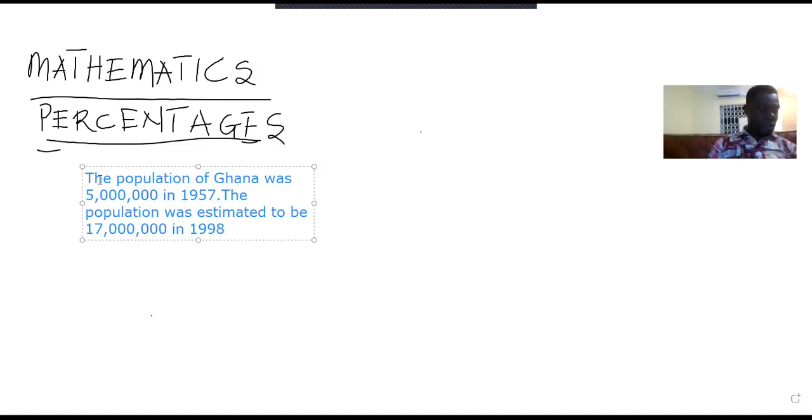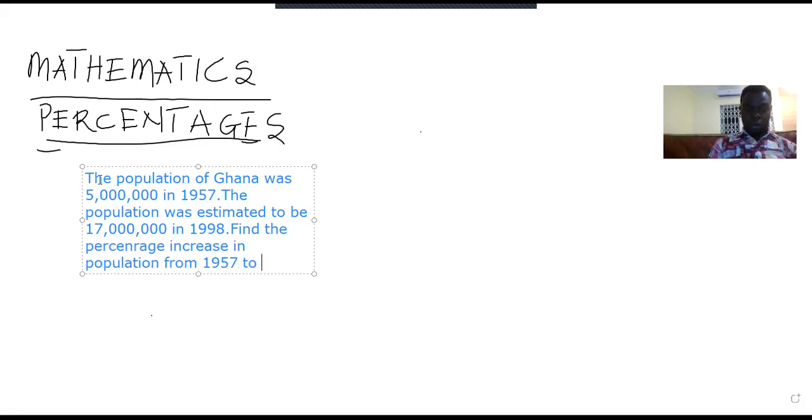Find the percentage increase in population from 1957 to 1998.